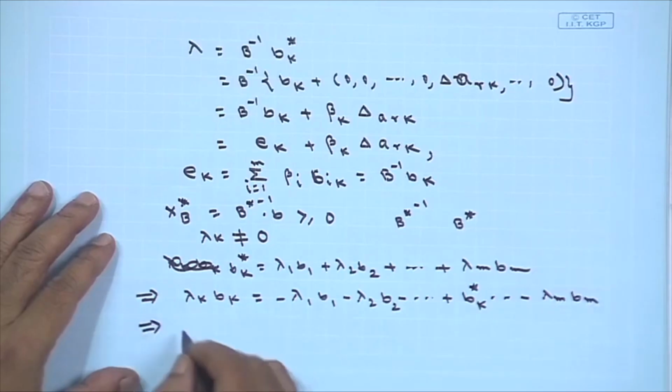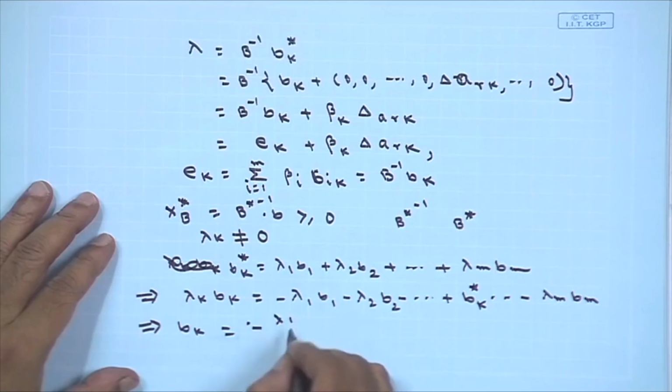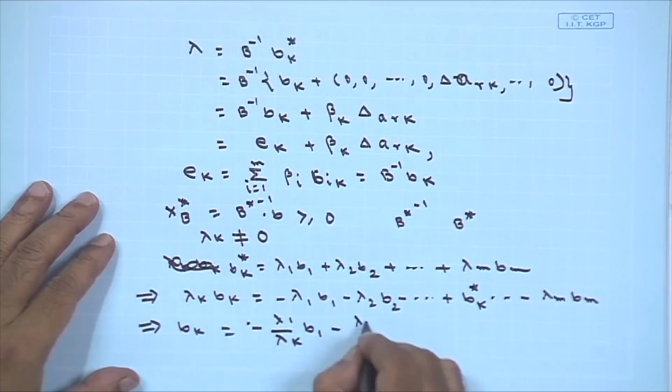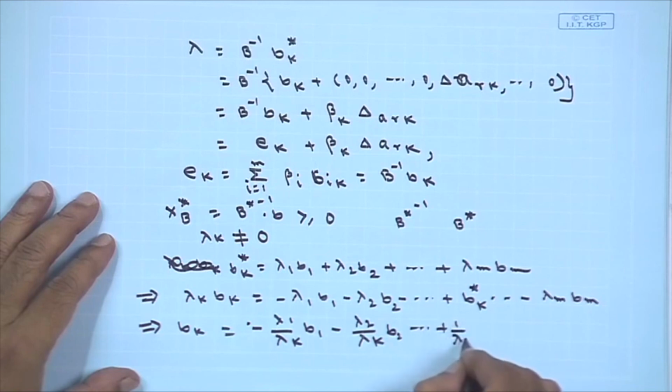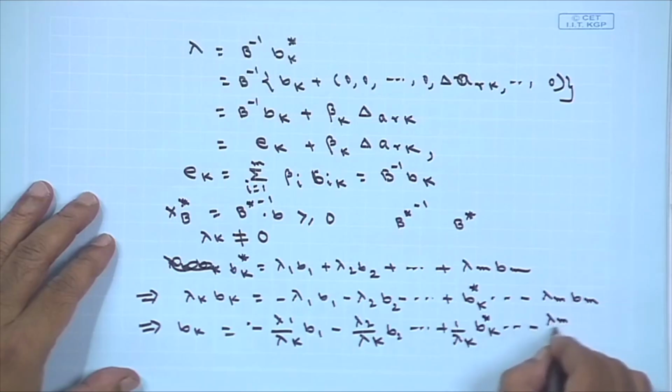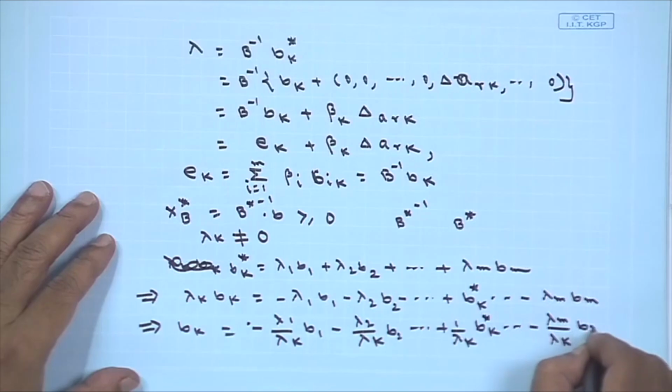Which implies your b_k will be minus lambda_1 by lambda_k into b_1 minus lambda_2 by lambda_k into b_2, like this way, plus 1 by lambda_k into b_k star, and like this way minus lambda_m by lambda_k into b_m.